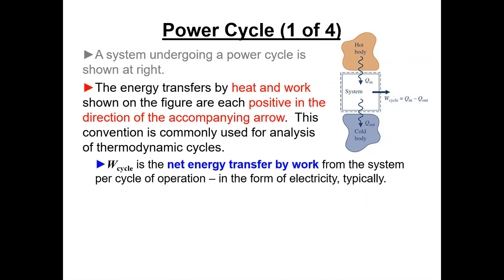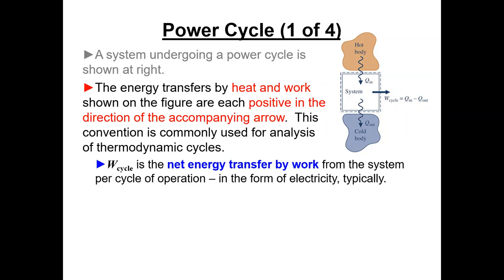So W cycle, now notice that's not a dot. If it's not a dot, it's an amount. You just have to keep drilling that into your head. If there's a dot, it's a rate. It's an instantaneous rate. If there's no dot, it's an amount that occurred over some period of time. W cycle is the net energy transfer by work from the system per cycle of operation.